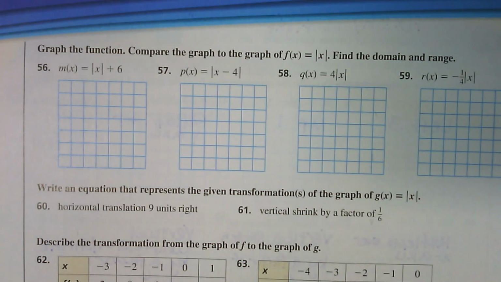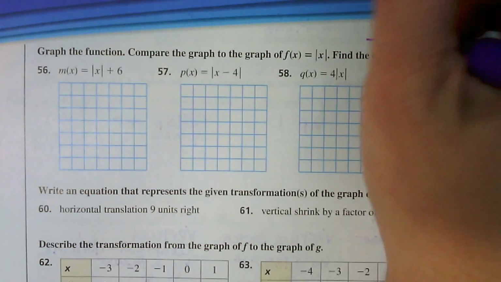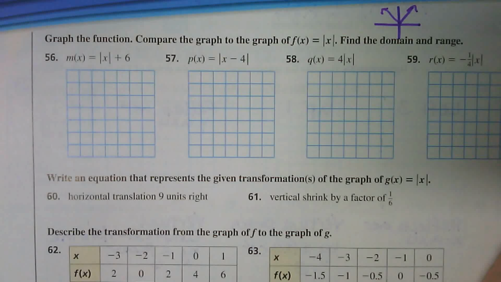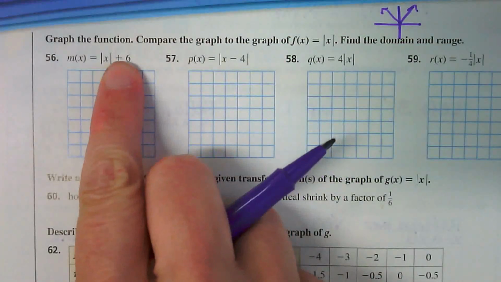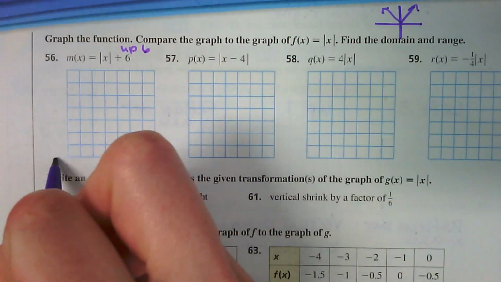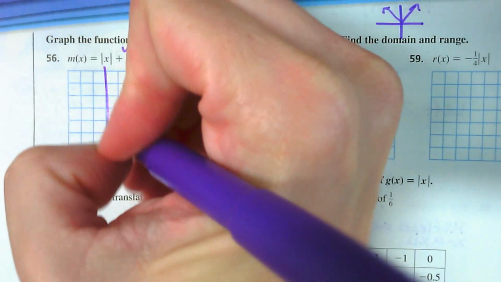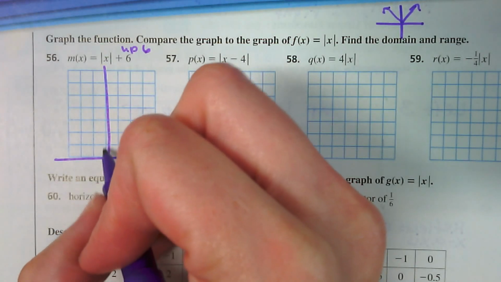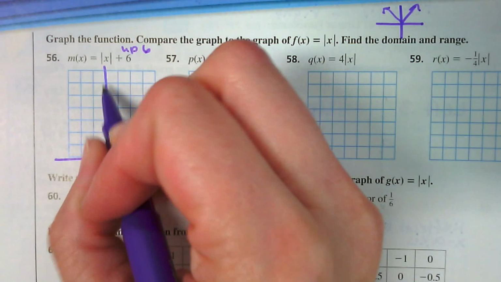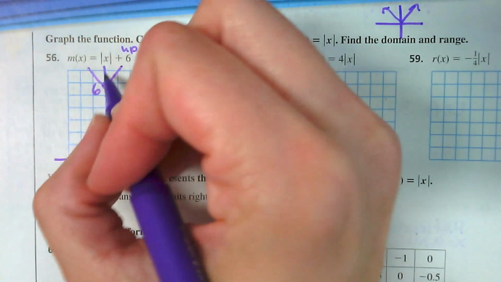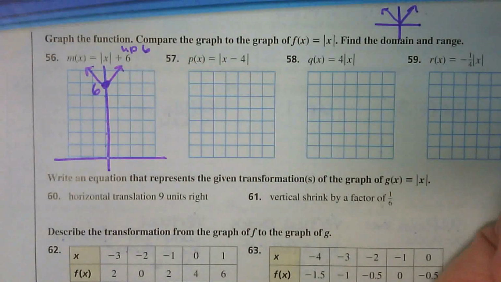Okay, we're going to graph. On this side, we want to think about what our original function looks like. The vertex is at 0. This is telling me to move my graph up 6. So instead of being at 0, 0, my graph's going to start at 1, 2, 3, 4, 5, 6. And my graph's going to have the same shape, a V shape up there.